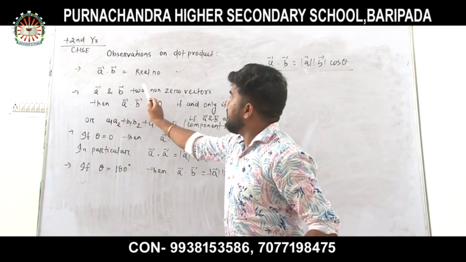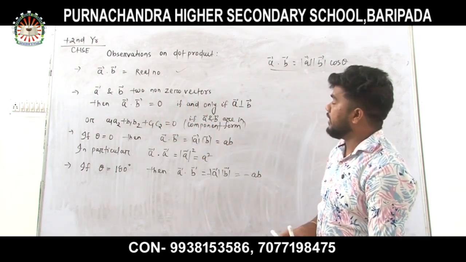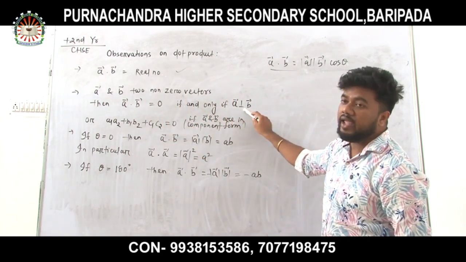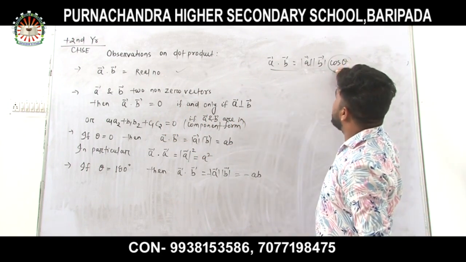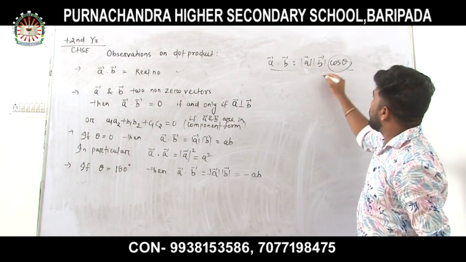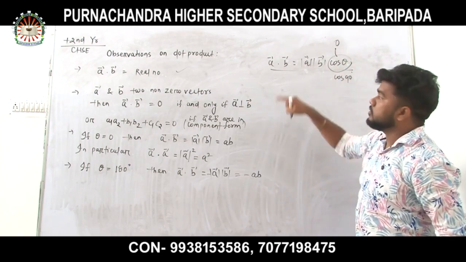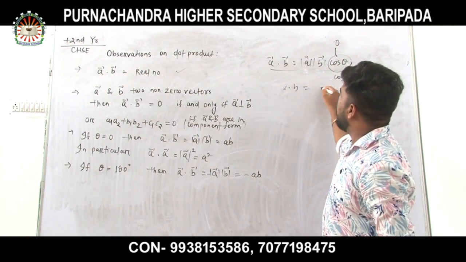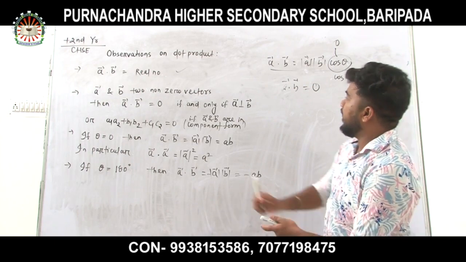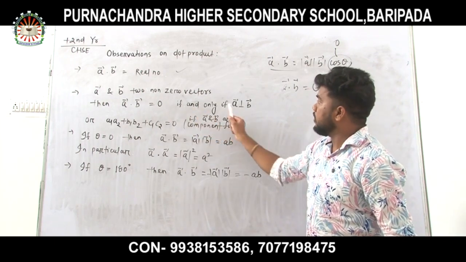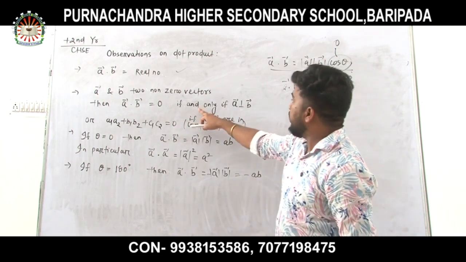Now A and B are two non-zero vectors. Then A dot B equals 0 if and only if A is perpendicular to B. A perpendicular to B means theta is 90 degrees. Here cos 90 is 0. So A dot B equals 0. If A dot B equals 0, then A is perpendicular to B, if and only if.